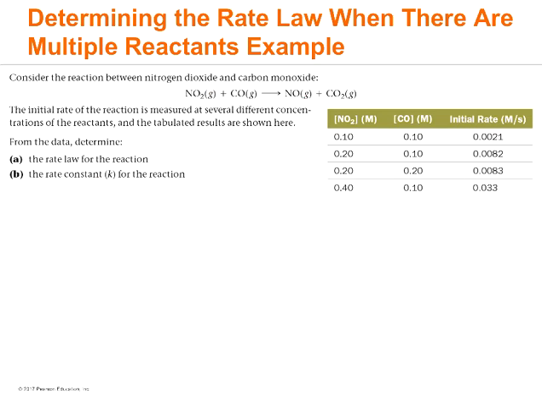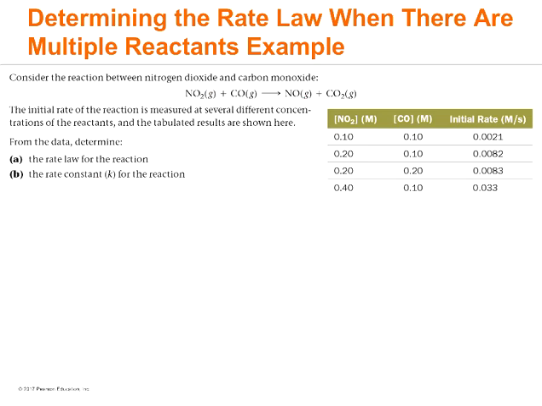In your textbook, there is an example problem, and in this problem, we're going to consider the reaction between nitrogen dioxide and carbon monoxide, and that produces nitrogen monoxide and carbon dioxide. So the products don't necessarily matter here because we're just interested in the concentration of each reactant and then the initial rate.